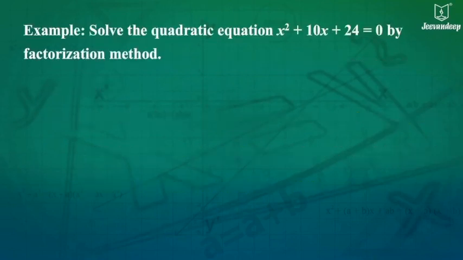Example. Solve the quadratic equation x square plus 10x plus 24 equals to 0 by factorization method. First step, that is, writing the given equation in the form ax square plus bx plus c equals to 0.